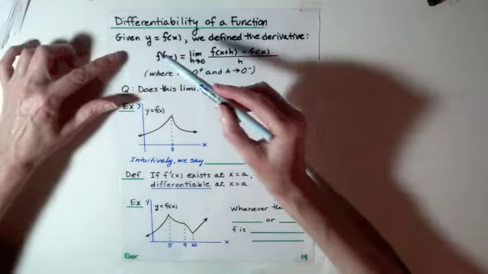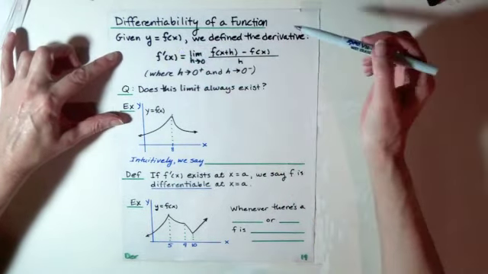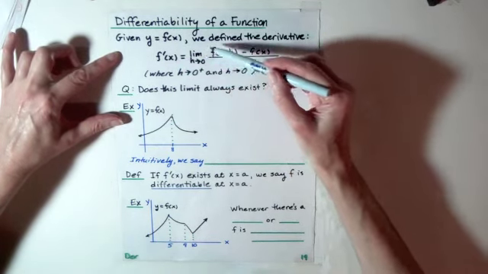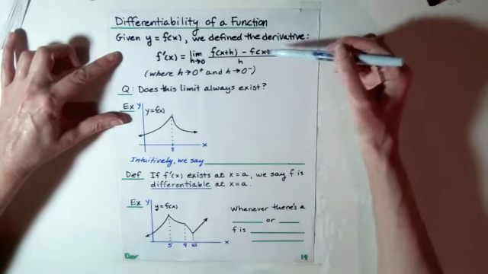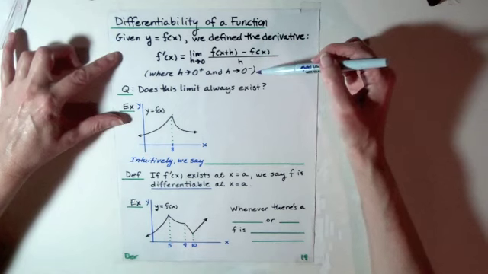But first, let's just think about a function y equals f of x and remember our definition of the derivative. We said f prime of x is the limit as h goes to 0 of this kind of complicated expression, f of x plus h minus f of x all divided by h.